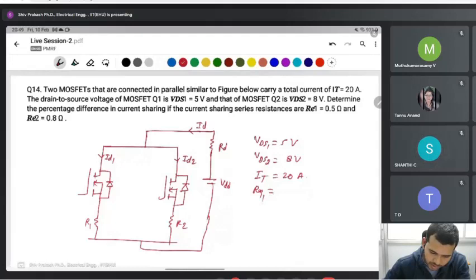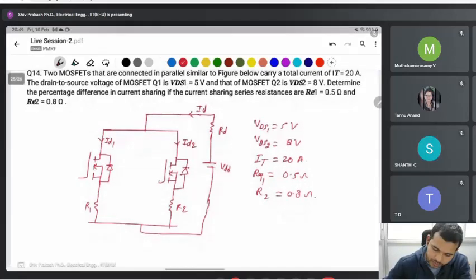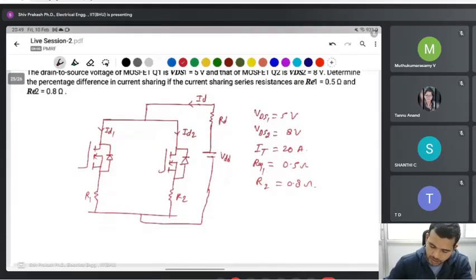The source resistances are R1, 0.5 ohm, and R2, 0.8 ohm. What is the percentage difference in current sharing? It means, between ID1 and ID2, what is the difference between them?